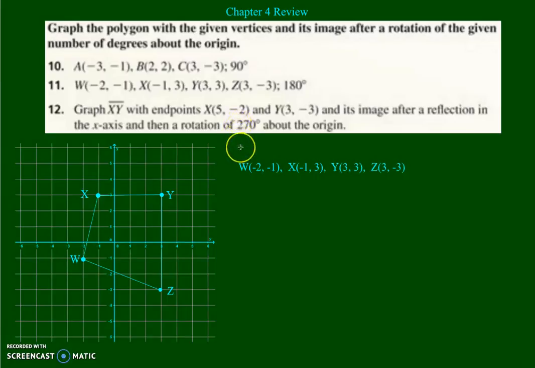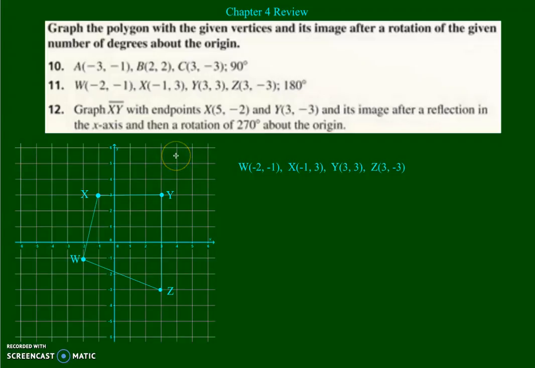So rather than memorize all the different transformations, we're just going to apply the 90 degree function to each one of these points twice, because one time is 90 degrees, the second time is 180 degrees.